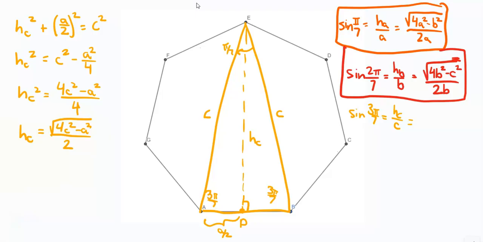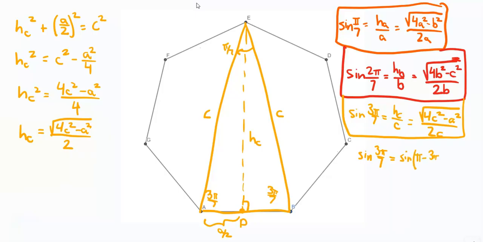So the sine of that will be the square root of 4C squared minus A squared all over 2C. But if you also remember, because of the way that the sine ratio is between 0 and pi radians, the sine of 3 pi over 7 is equal to the sine of pi minus 3 pi over 7, which is equal to the sine of 4 pi over 7.